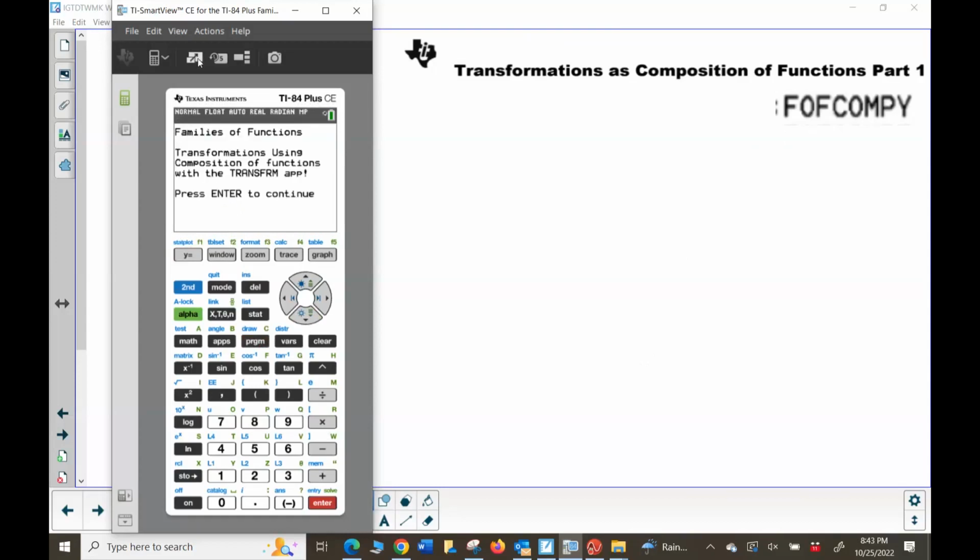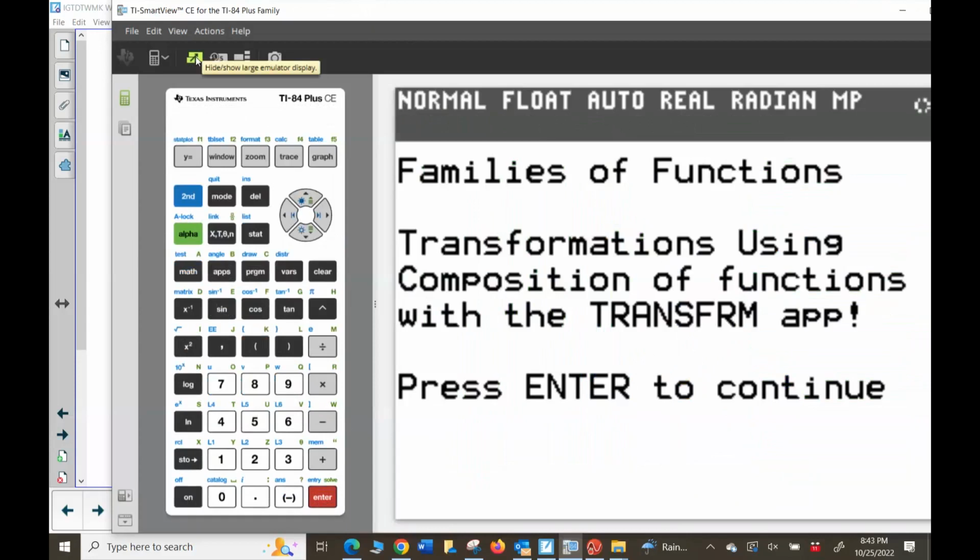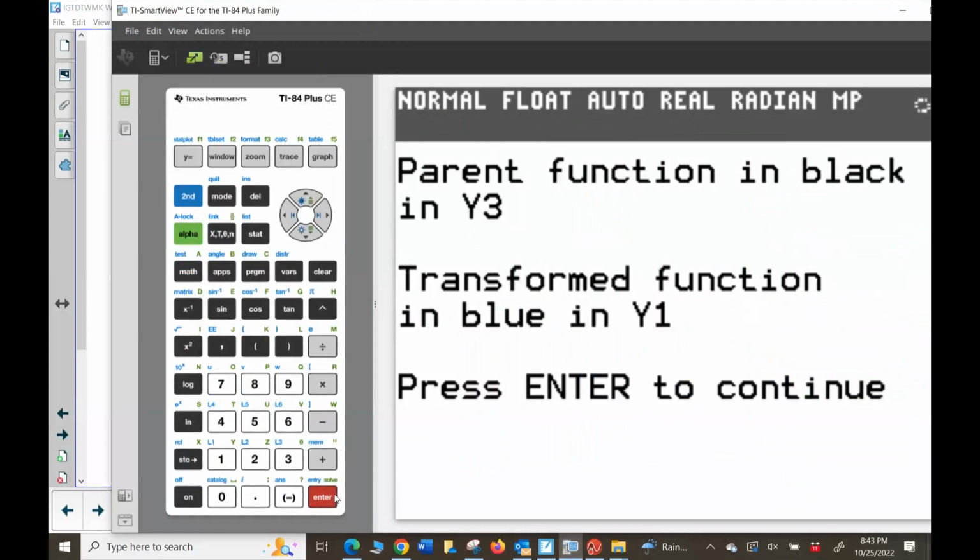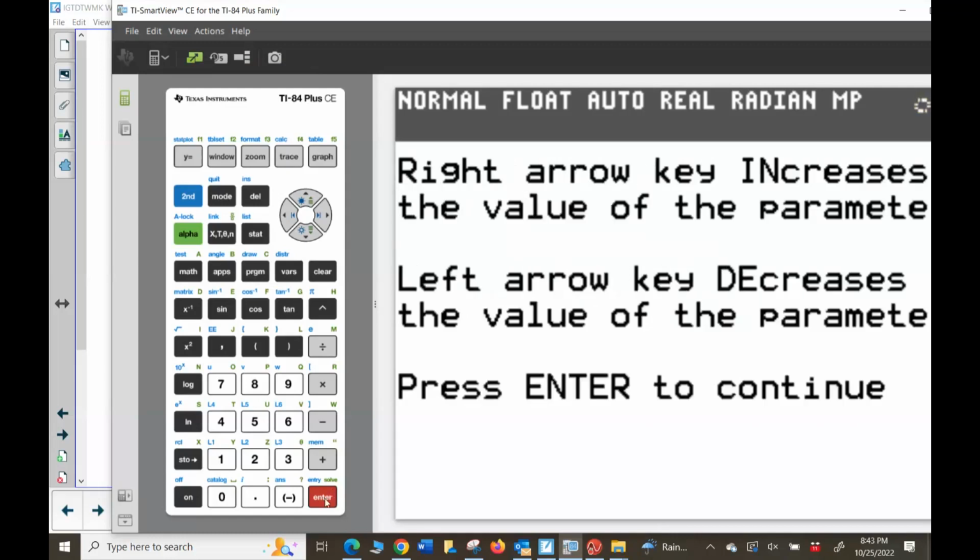And it says transformations using composition of functions with the transformation app. Press enter to continue, going slowly, I hope. The parent function is in black and the transform function will be in blue. Right arrow increases the value of the parameter, left arrow decreases the value of the parameter.